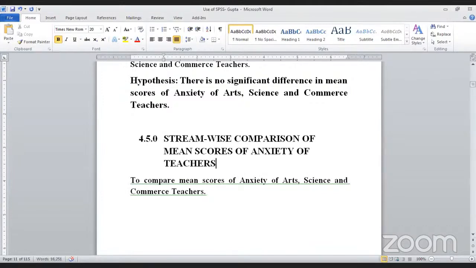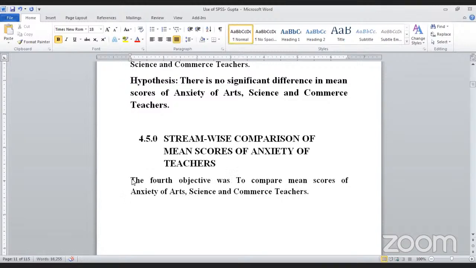This will be the caption heading of this particular objective. Now, then I say the fourth objective was to compare mean scores of anxiety of art, science, and commerce teachers.